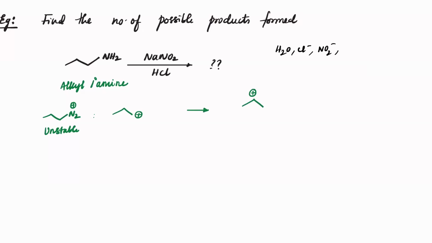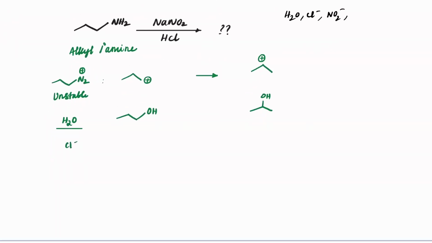Correct. Now what are all the reagents we have? First reagent we have is water, H2O. So with H2O, what does it form? It can form an alcohol here, or it can form an alcohol here. Next, we have chloride also.